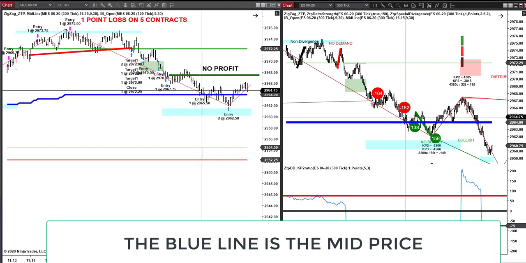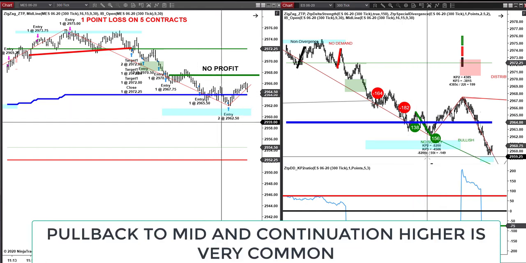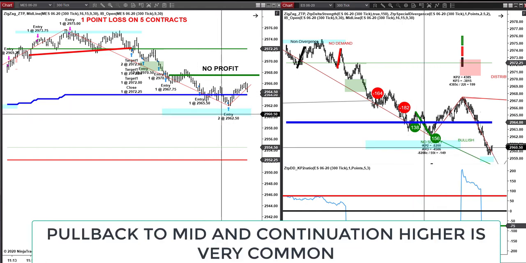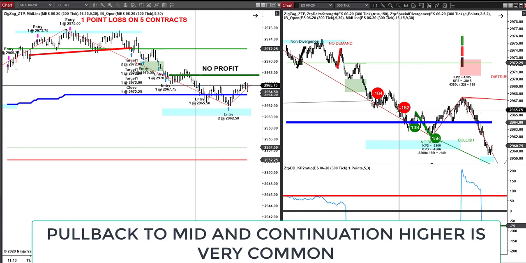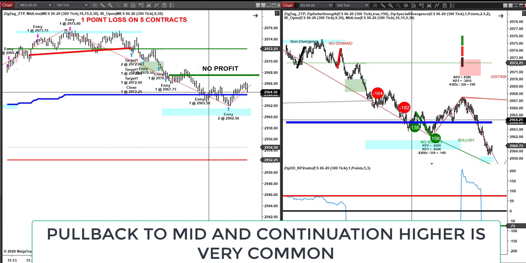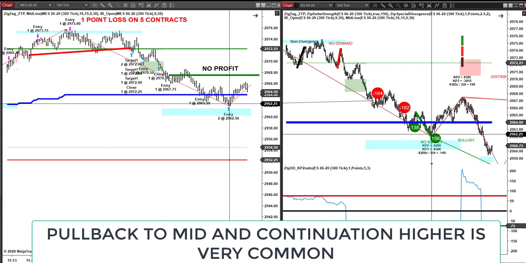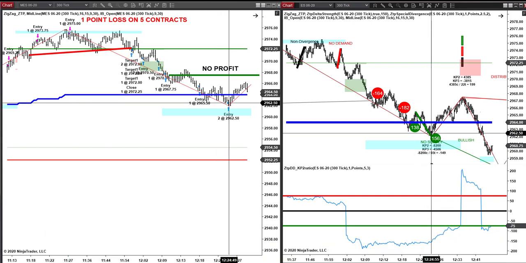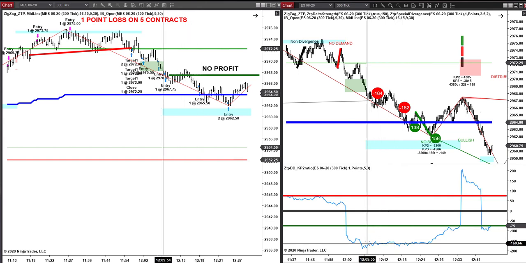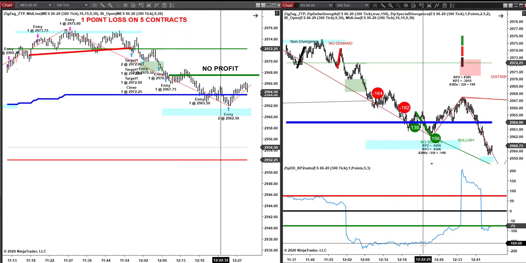So as price sold off, again, I know where my exit is going to be, and I went long an additional contract here and an additional 2 contracts here when I got the special divergence signal right here. Now, notice what the ratio was doing down here.